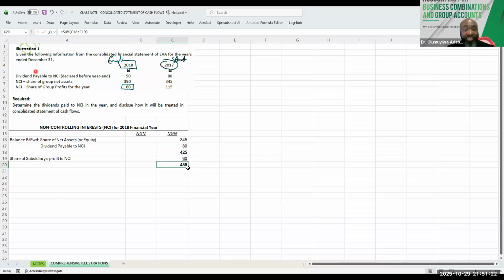But let us compare this 485, which is our expected value. Expected balance carried forward. Let us compare it with the actual balance carried forward in our consolidated statement of financial position. And what are they?